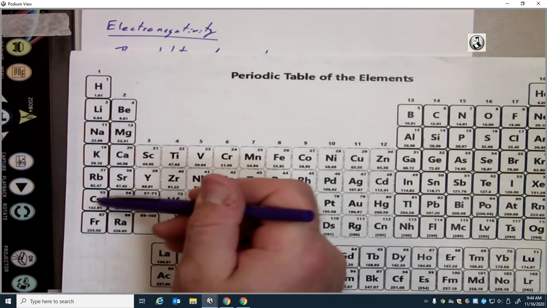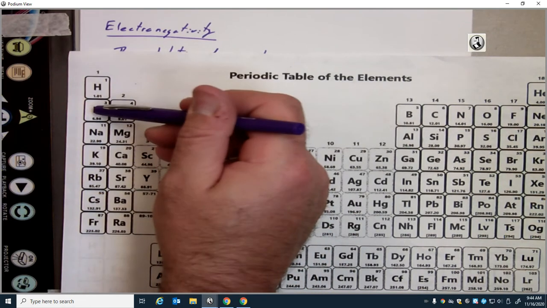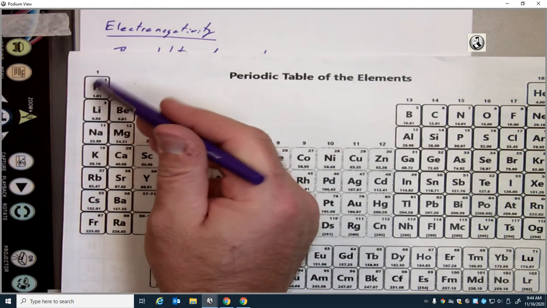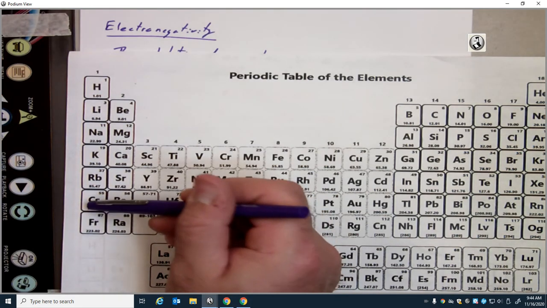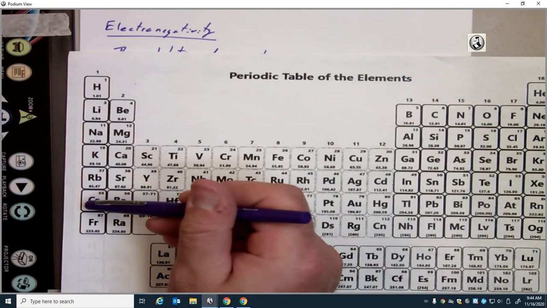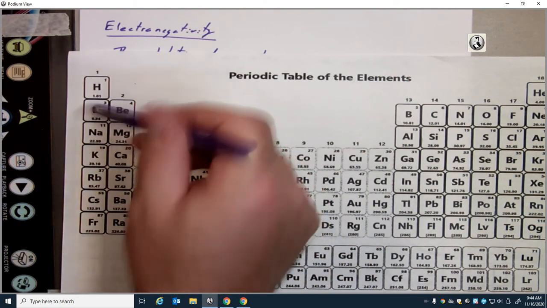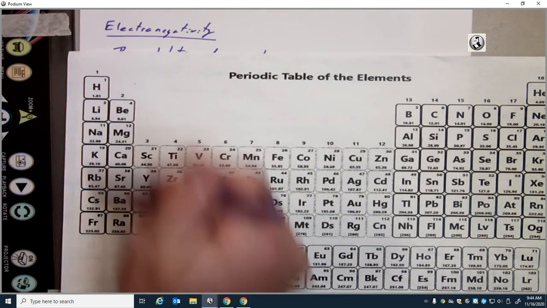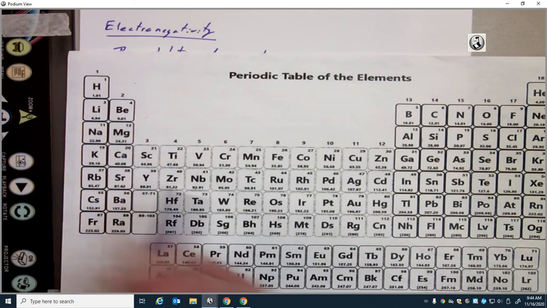Now, as we move up the chart, the atoms get smaller and smaller, and the attractive force gets greater and greater. So as we move up this chart, our electronegativity values increase slowly. They're still all going to be very low over here. These guys don't want to gain electrons. They want to get rid of them.